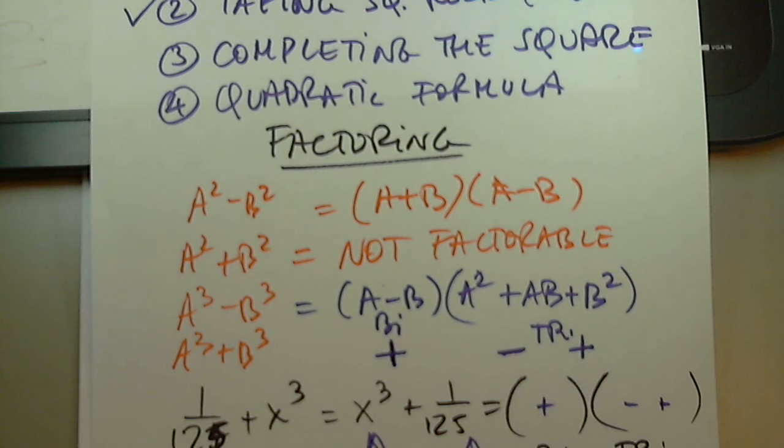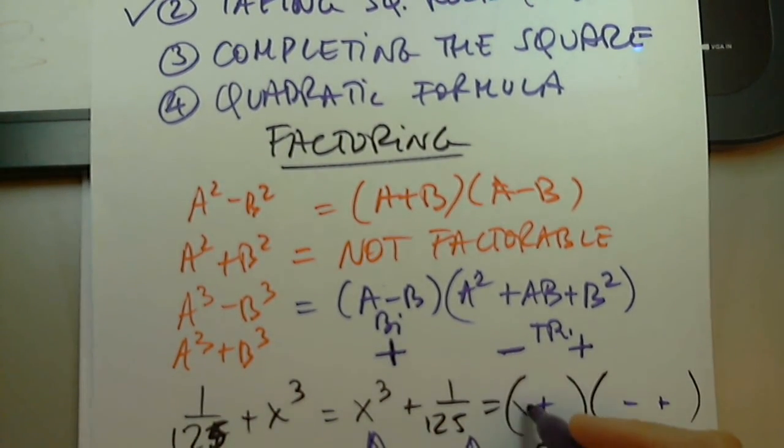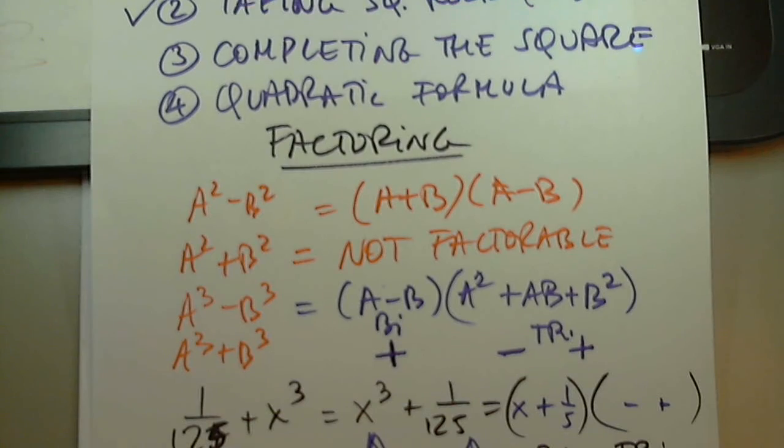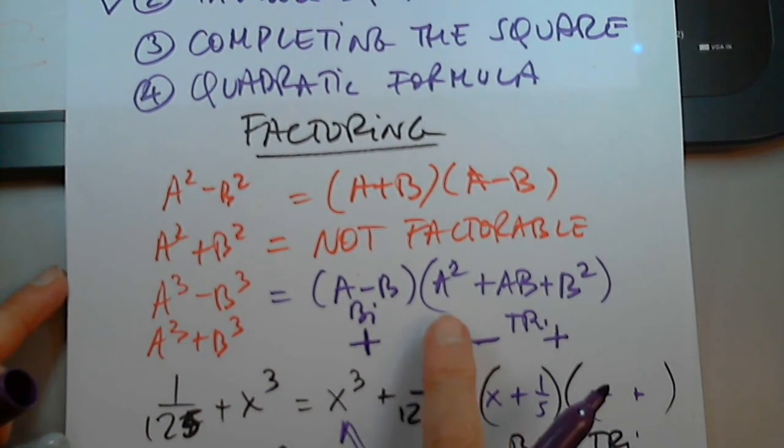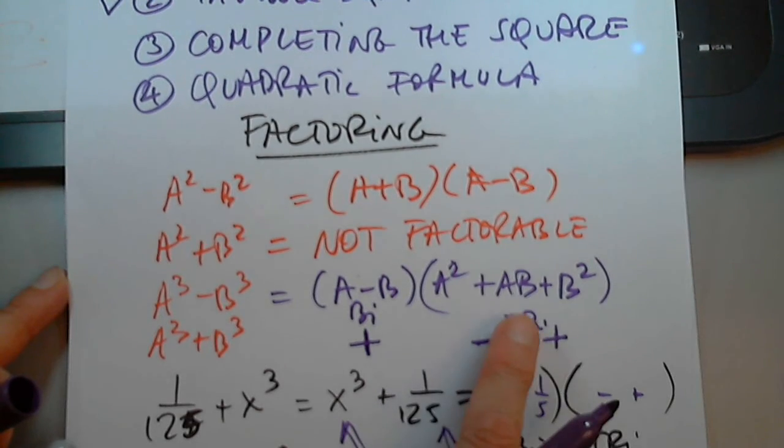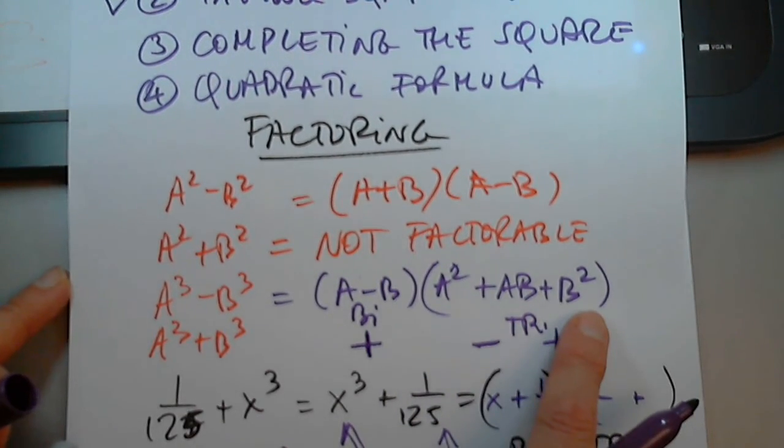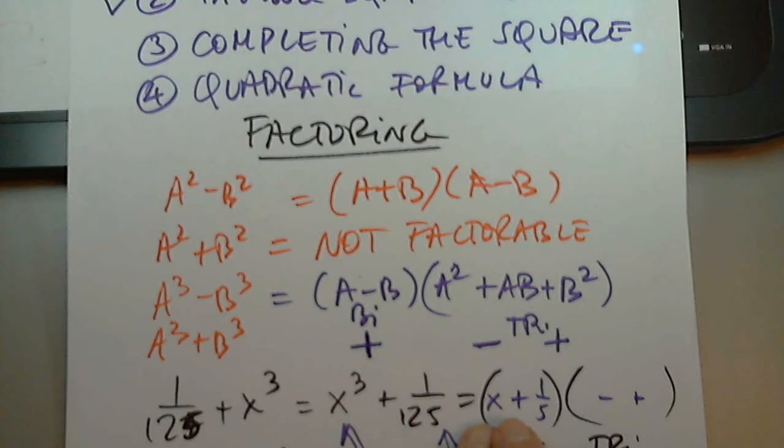Good. So now please give me these two terms. Exactly what we just determined. Awesome. x plus 1/5. Good. Now, all I have to do is remember the pattern. Square the first, multiply the two, and square the last. So please, let's square the first. x squared.